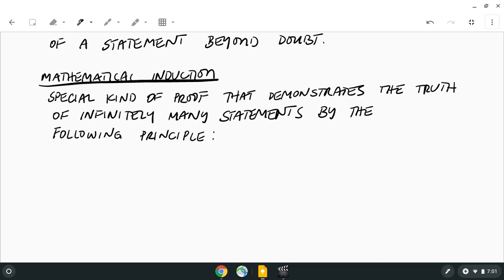So you generalize what the sum of n terms is. What you're basically doing is proving it true for infinitely many statements: the first term, the first two terms, the first three, four, five terms, and you can go on forever.